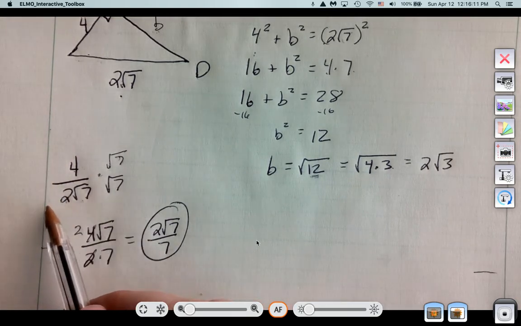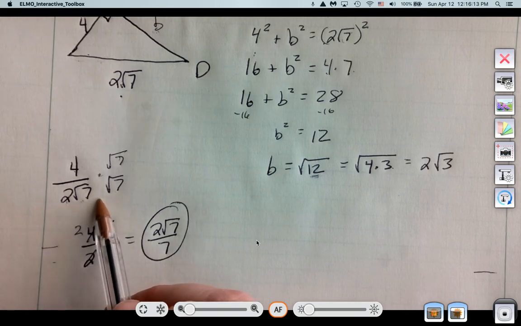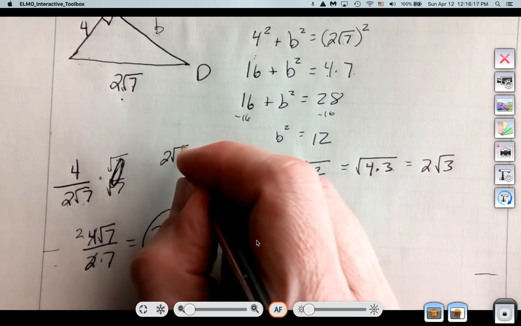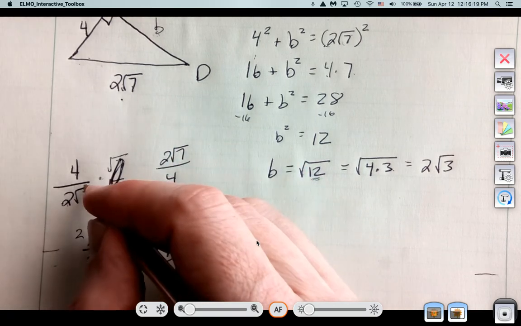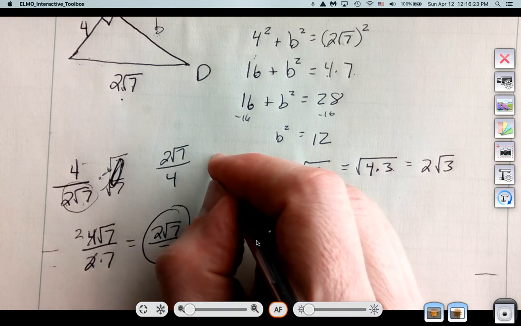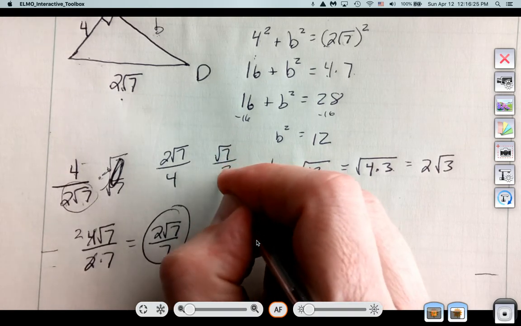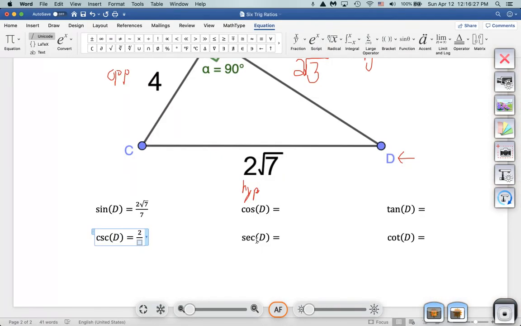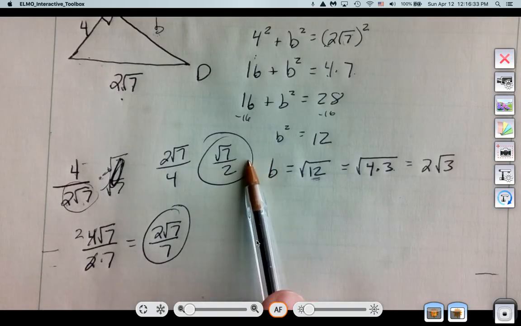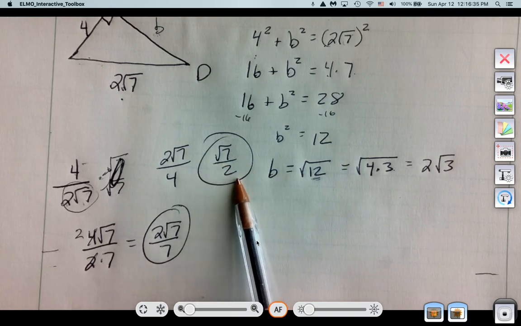I want the reciprocal of this. Remember, I don't want the square root in the bottom, but if I take the reciprocal of that, the reciprocal is going to be 2 square roots of 7 over 4, because I put this on top, this on bottom. Again, that reduces to the square root of 7 over 2. That's its reciprocal. So I come over here, and remember, the square root of 7 over 2 is the reciprocal.